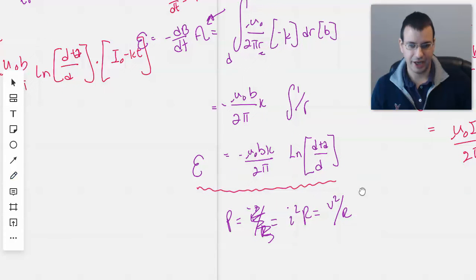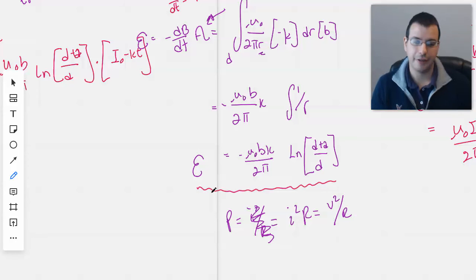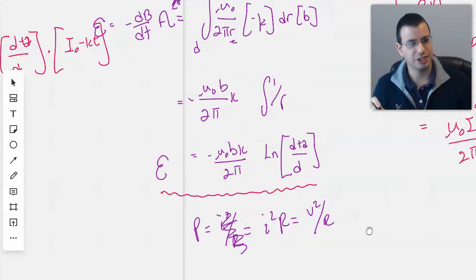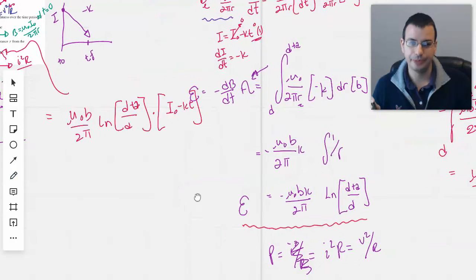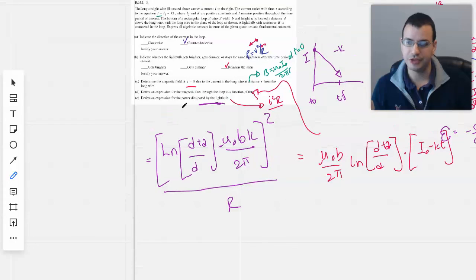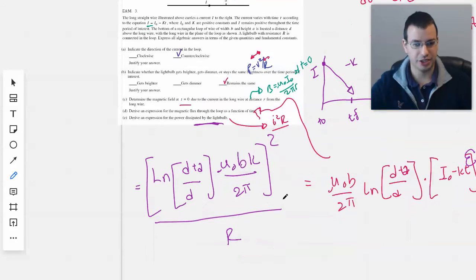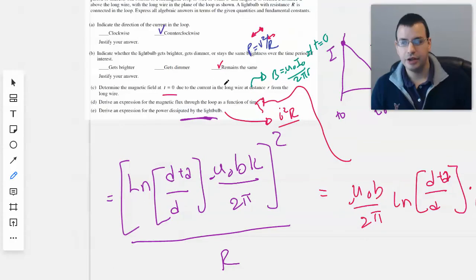And then we finally got a voltage, the induced electromotive force around the wire, which we could then use to find the power that's dissipated through the light bulb. And a whole bunch of other small steps along the way. And we got a giant thing that looked kind of like this.